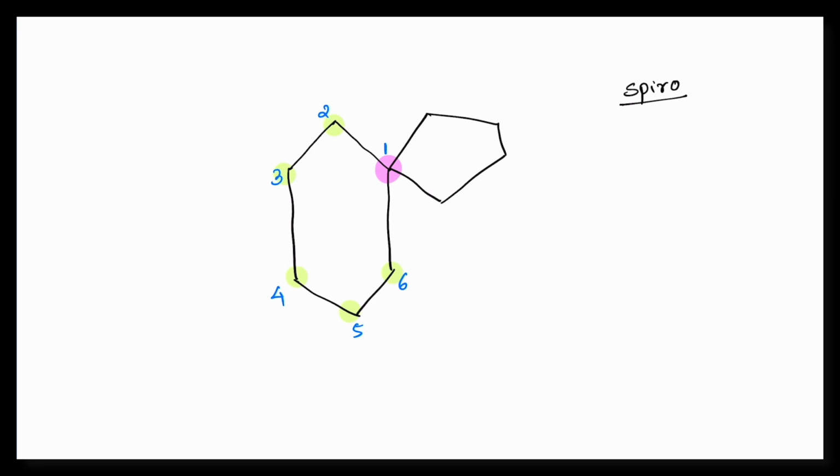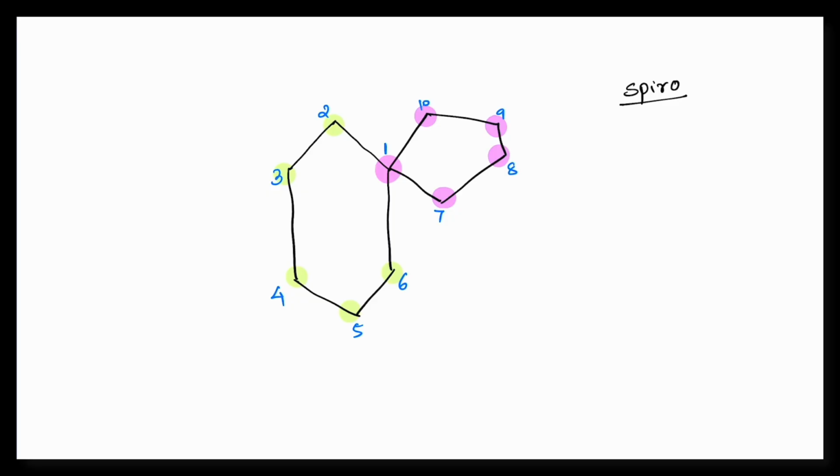Then we can move in the smaller ring, 4 carbon atoms. Okay, so there is no third path over here because there is only one common carbon.